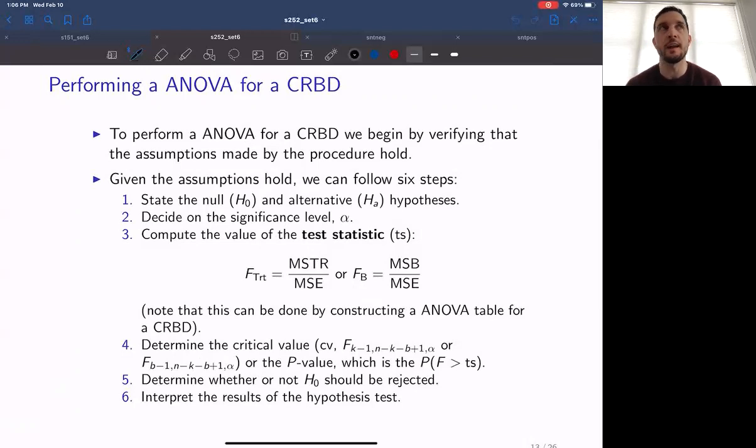So essentially, if there is evidence of a difference between at least two block means, this implies that blocking was a useful practice because it allowed us to identify those differences.